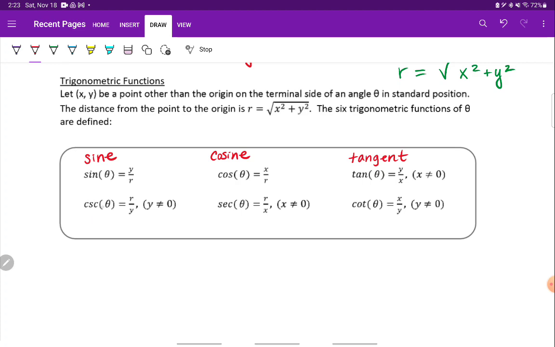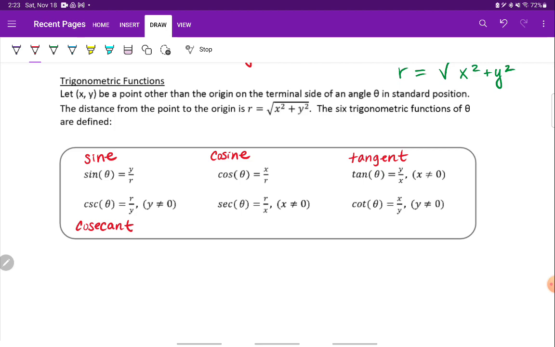The next one, abbreviated CSC, is cosecant. So cosecant of theta is equal to r over y, where y isn't equal to 0. So again, we've got that concern about it being undefined, so our denominator can't be equal to 0.